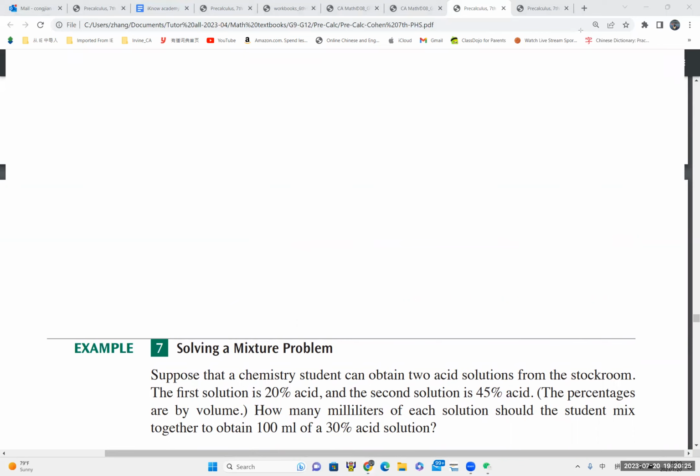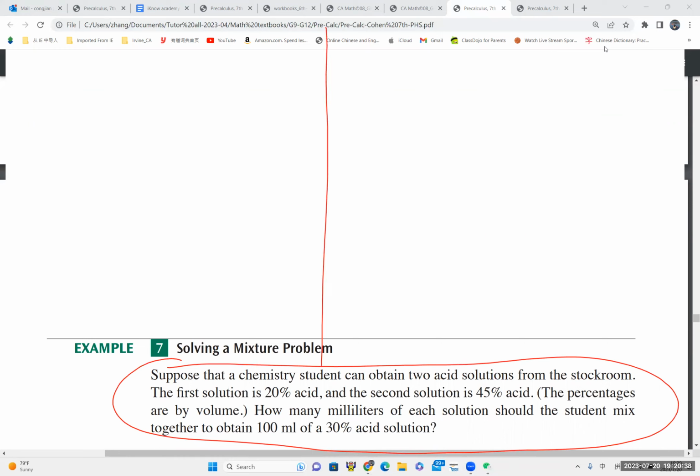Can you guys have a try? From the information here, build your system of equations. Near here, Ray.